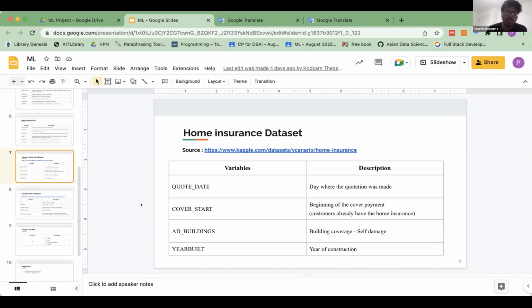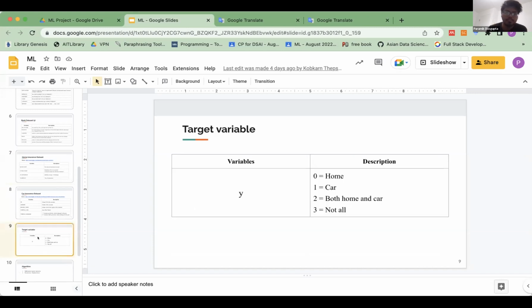So these are the 3 classification scenarios that we are thinking of. Okay, but there are some that are not willing to take up any insurance, right? So maybe we should not include the number 3. Maybe we should only focus on 0, 1, and 2.